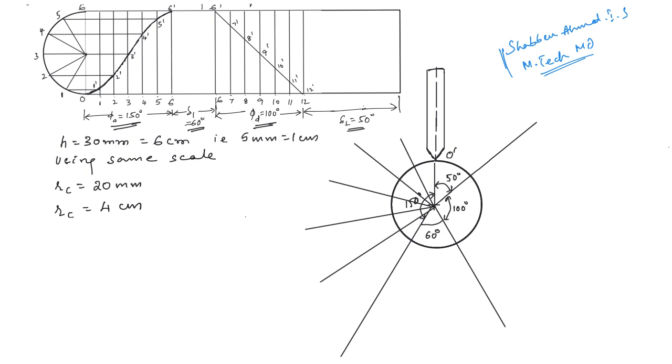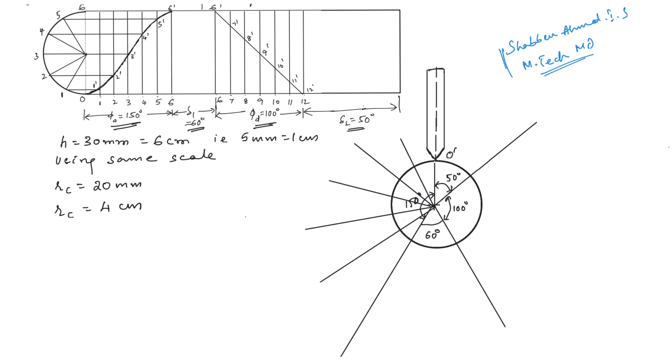Now we have divided this 150-degree angle of ascent into 6 equal parts, because during the ascent we divided the displacement diagram on the x-axis into 6 equal parts. Here also we divide it into 6 equal parts.